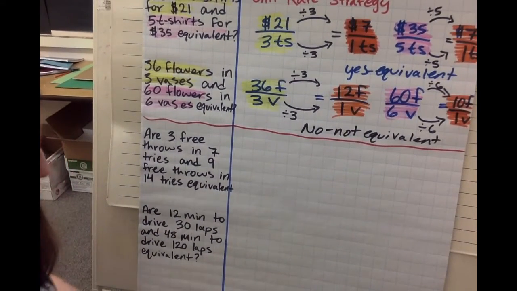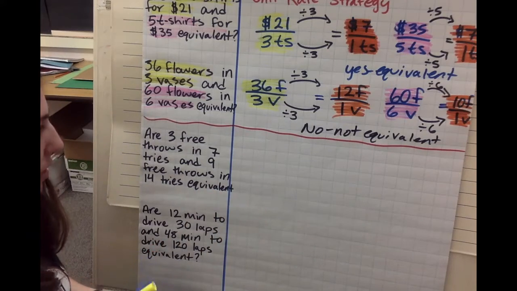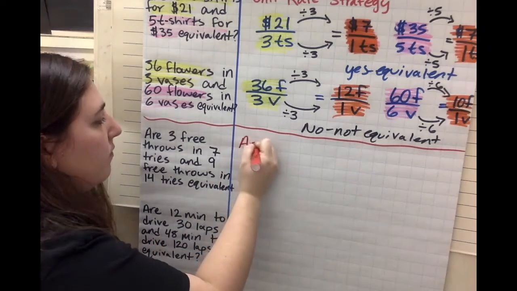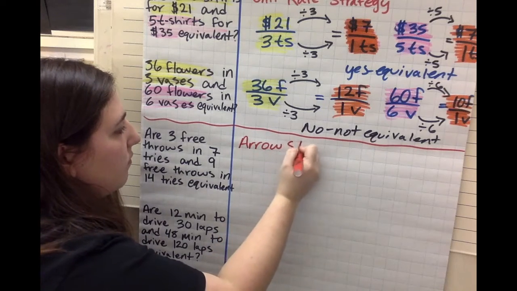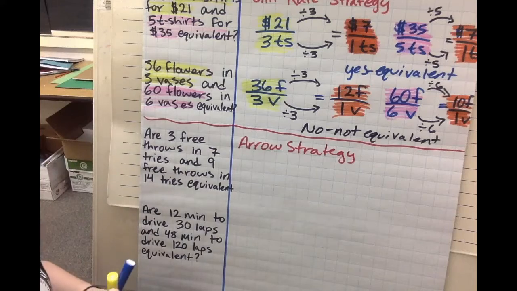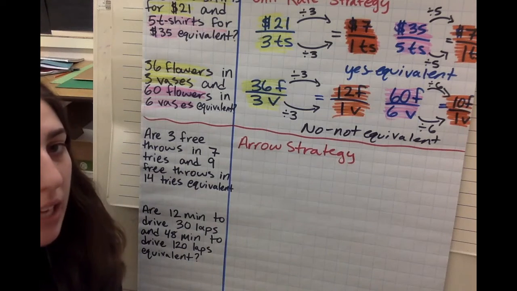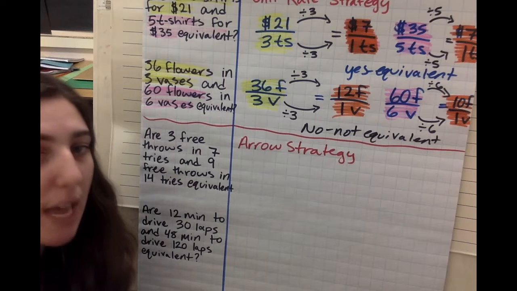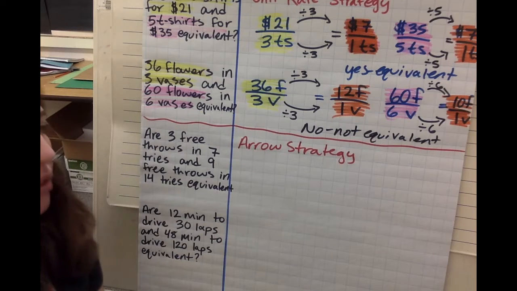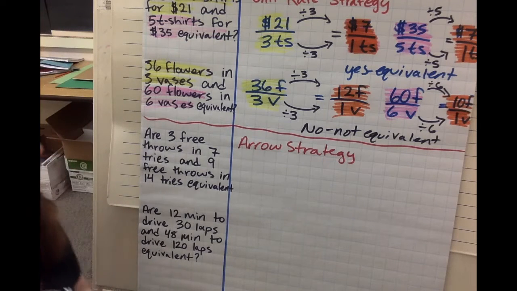You might hear other teachers calling it different things, but we're just going to call it the arrow strategy. Okay, so when I'm using the arrow strategy, first thing I need to do is set up my ratios side by side, and then I'm going to use arrows, and you're going to see what I'm going to do with the arrows.